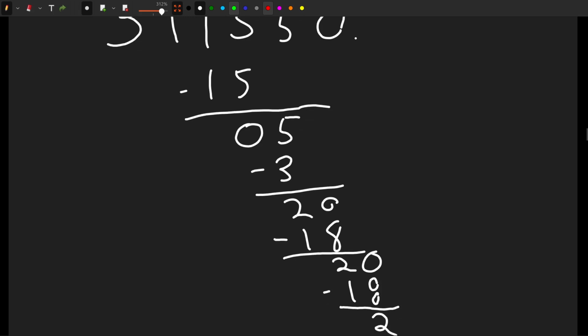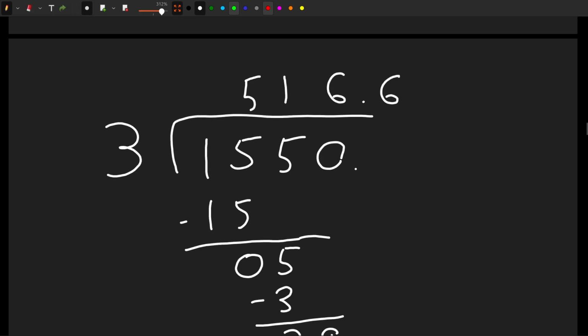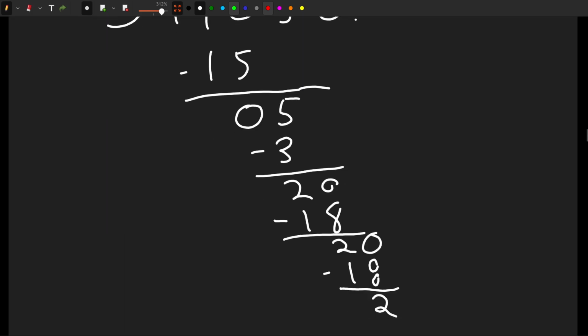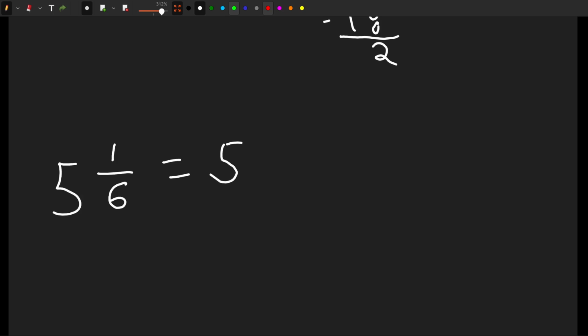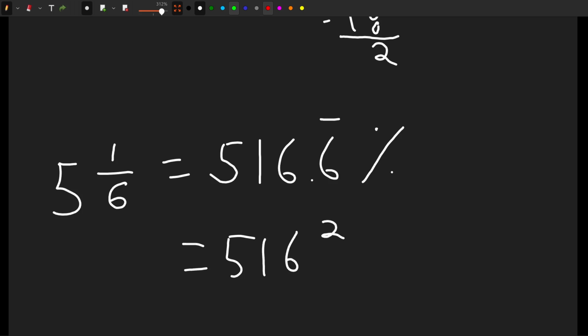And so what we realize is we get the 6 bar repeating. And so in this case, 5 and 1/6 is equivalent to 516.6 repeating percent, or it's also equivalent to 516 2/3 of a percent.